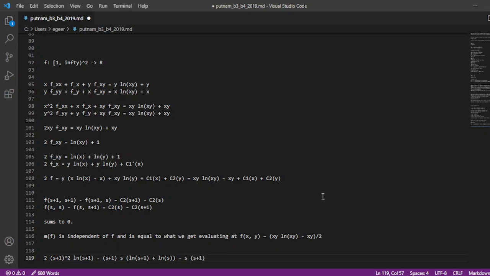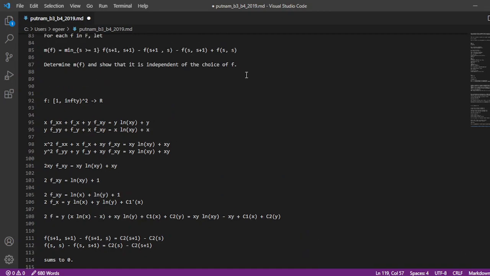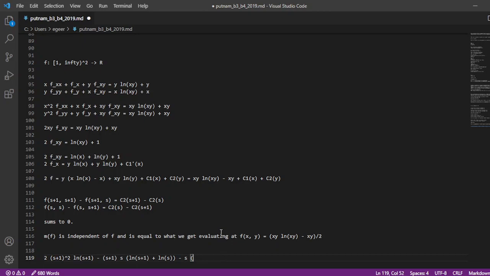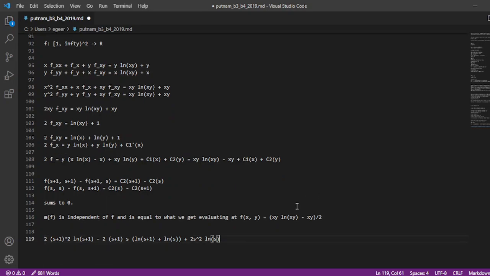Well, actually this is symmetric, right? Yeah, so this function is symmetric, but those will not cancel. So since it's symmetric, we can just put a 2 here. And then we're going to have plus 2 s squared ln s. So we're just going to end up with this. And this is just for this part, and since we divide by 2, we're going to get rid of these factors of 2.